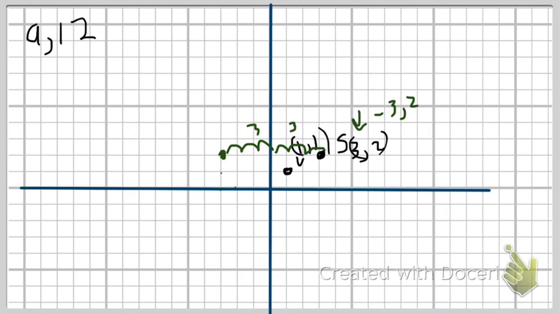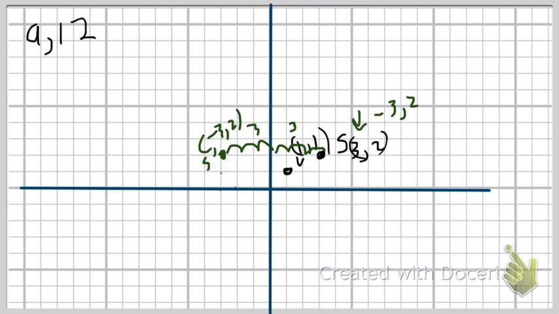We note that 3, 2 is 3 to the right of the y-axis, and negative 3, 2 is 3 to the left of the y-axis. So that gives us our reflection right there. That's going to be S prime.